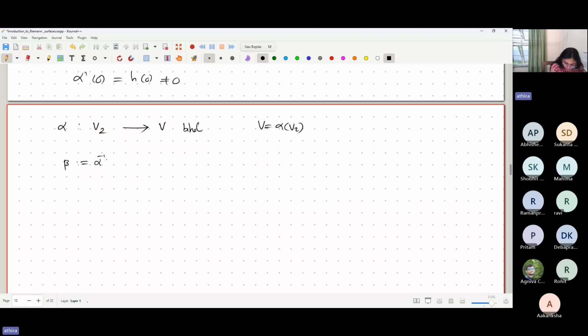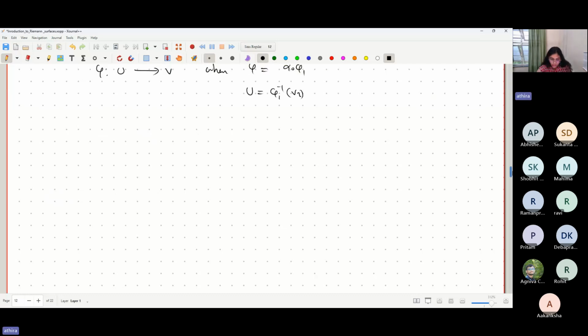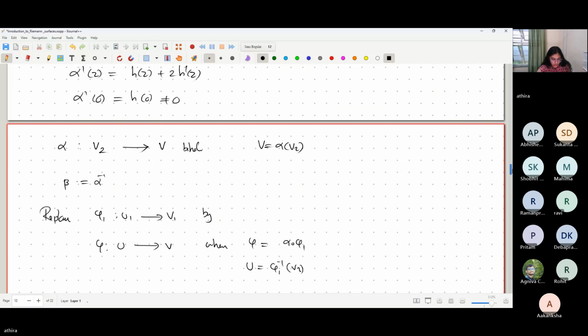Then we will replace our phi 1 from U1 to V1 by a chart phi from U to V, where phi is alpha composed with phi 1, and U is phi 1 inverse of V2. I will explain with a diagram.